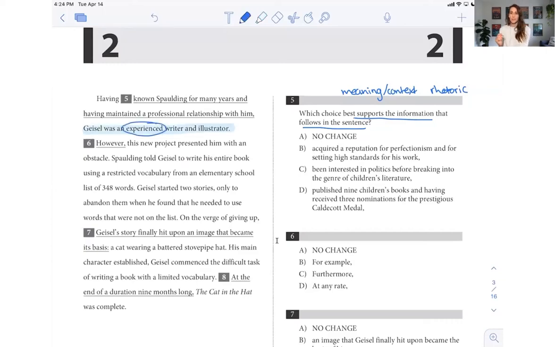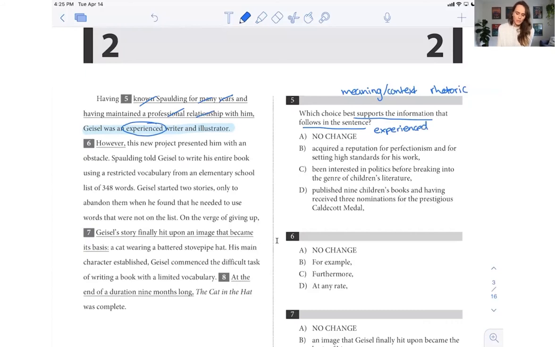So I need something before that that tells me about his experience. So having known Spalding for many years and having maintained a professional relationship, knowing him for many years, that tells me nothing about is he actually experienced. I want to know about what has he done. So let's find something that tells us he's experienced.